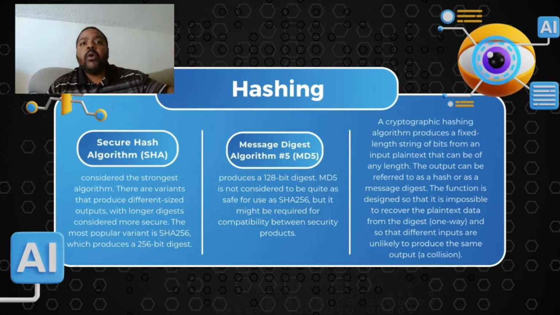You could take a 42-page document and get a 16-bit hash value, or you could take a sentence and get a 16-bit hash value. So they're very good to use when supporting integrity, and you need to be aware that it's not encryption, but we do use it for the identification part of a data set.